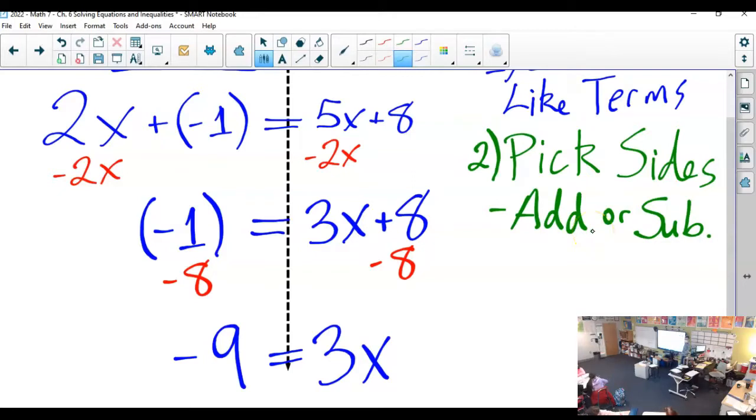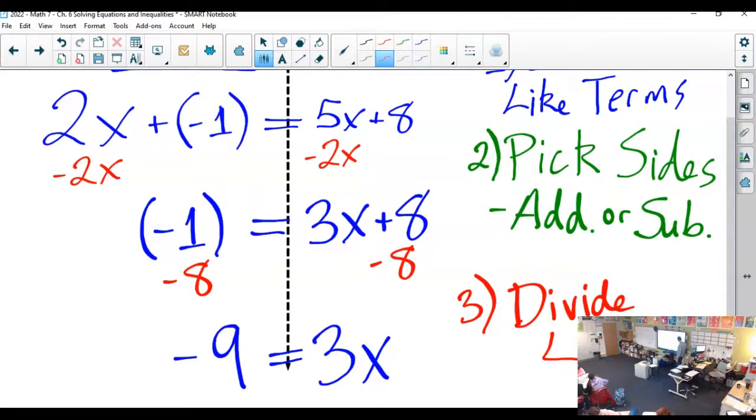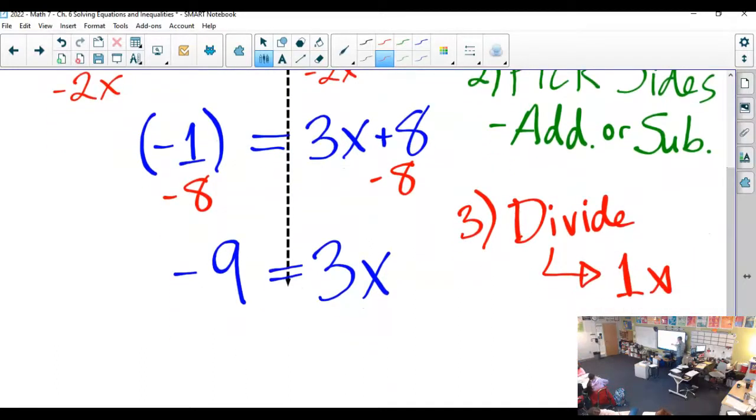And then the final step here that we're still a little iffy on. Lucas? We divide to get just 1x. So our final step here, we divide to get to 1x. So, how do I turn 3x into 1x?